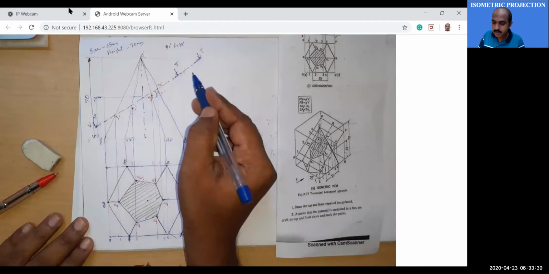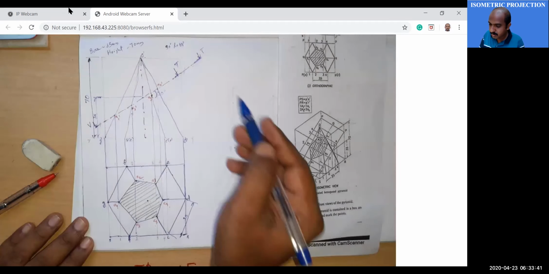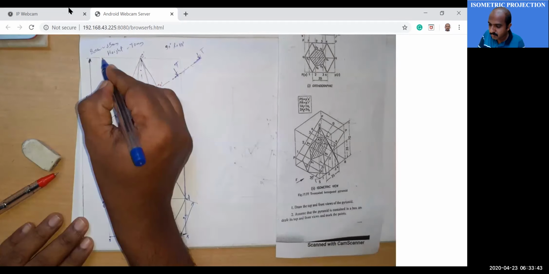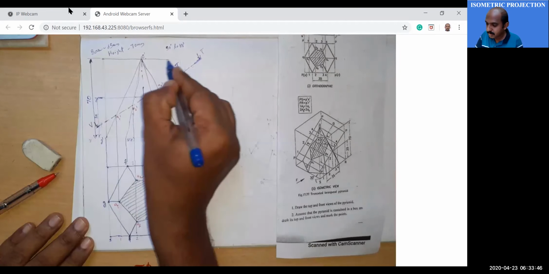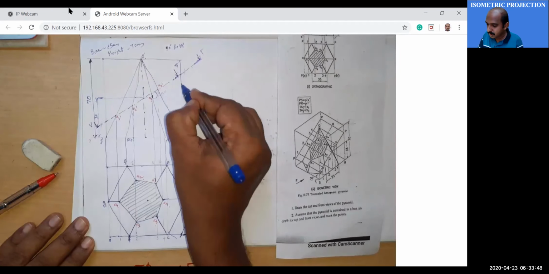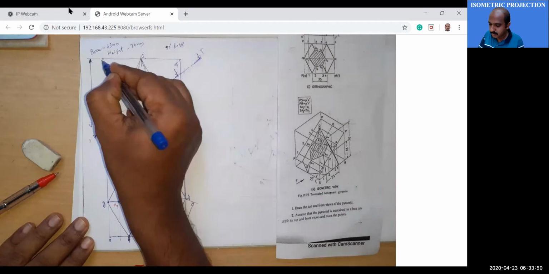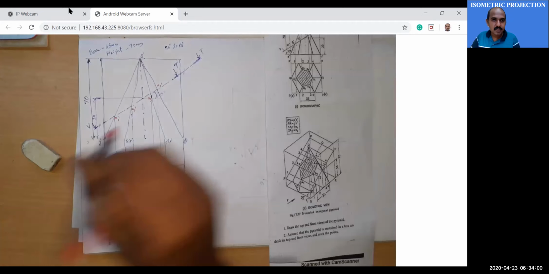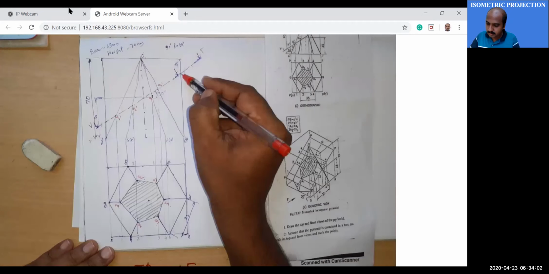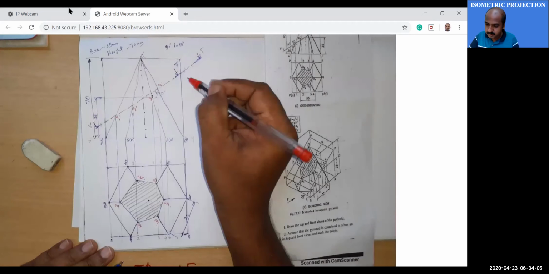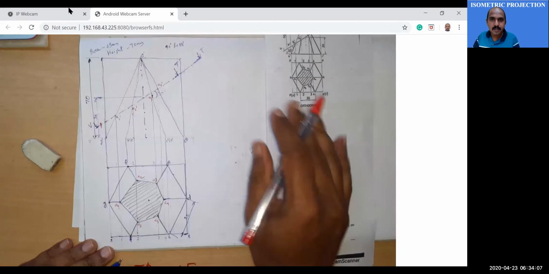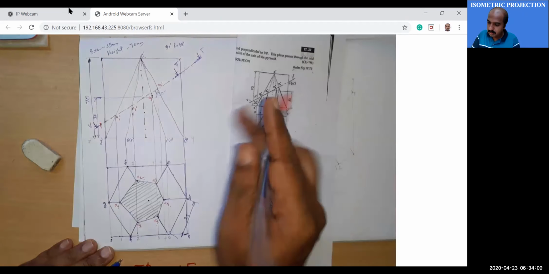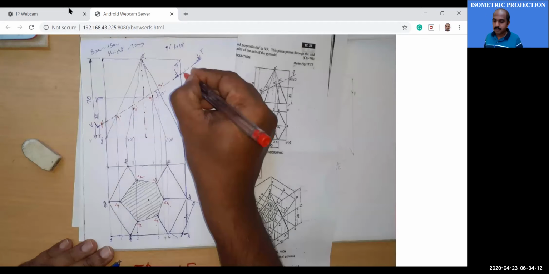Also you enclose the front view within a rectangular box. Here you can see the cutting plane touches this rectangular box, and this point we denote as P dash.